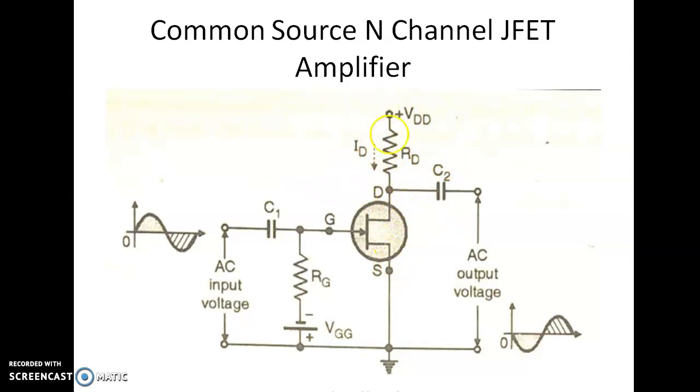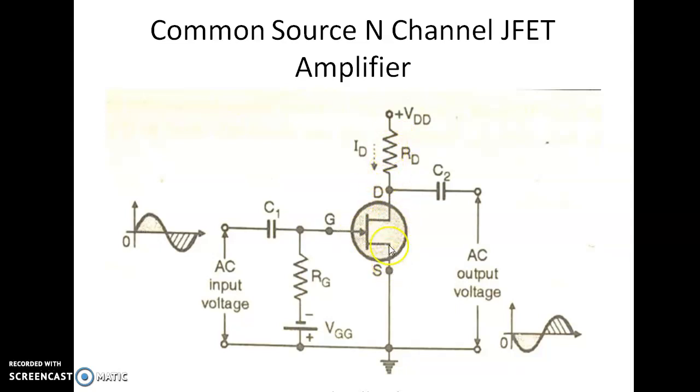As we know, the current flows in the opposite direction. The charge carriers flow from the source to the drain terminal, but the current flows from drain to source. The gate terminal controls the output current.